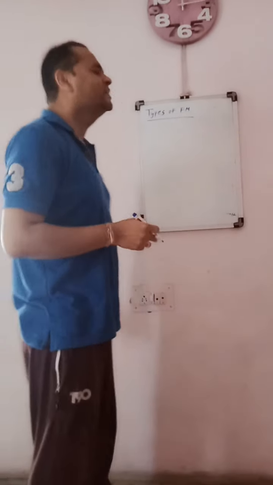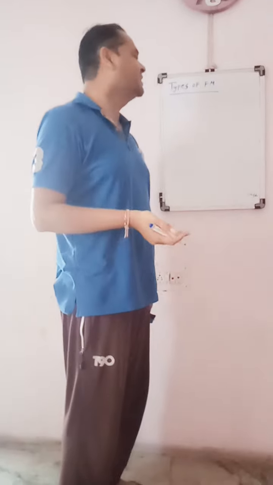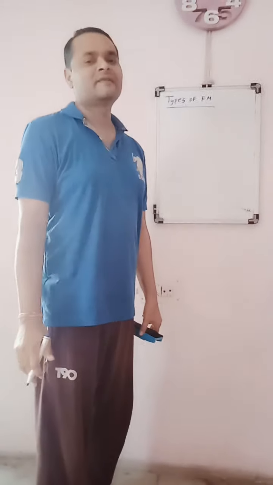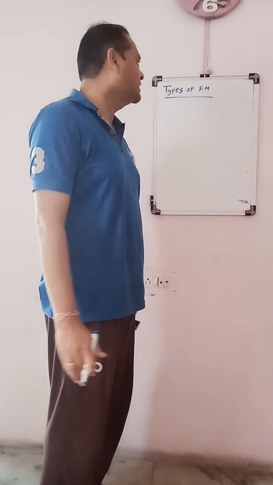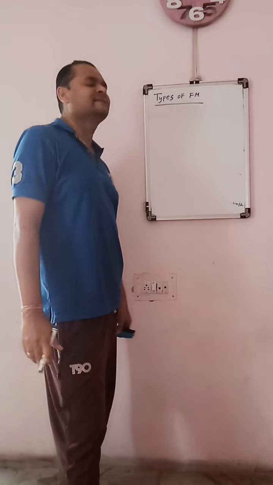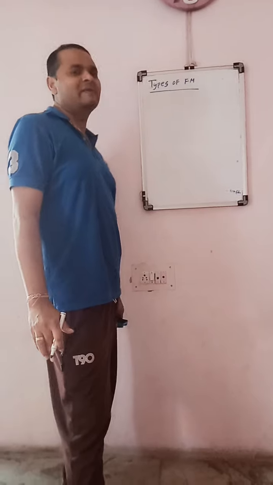So accordingly, there are two types of frequency modulated signals, that is, two types of modulation. It means on the basis of the bandwidth, there are two types of modulation: narrowband frequency modulation and wideband frequency modulation.